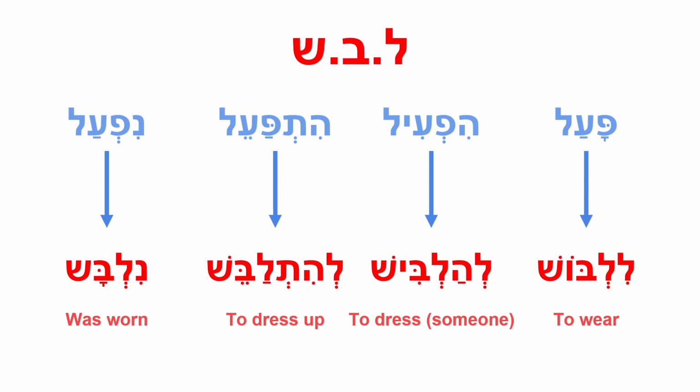So this is a very good example of one root that can be applied to several binyanim. The main idea will be the same, but the mood, the tense, and the intensity will be different. So a root is an idea applied to different binyanim will give us different verbs with different intensities and different levels of interaction with other subjects.